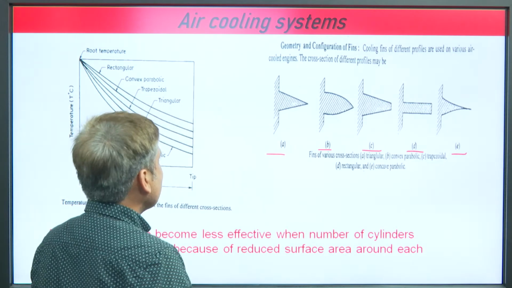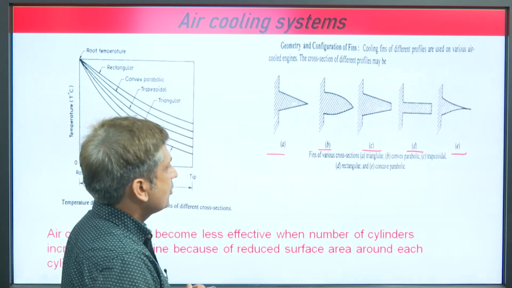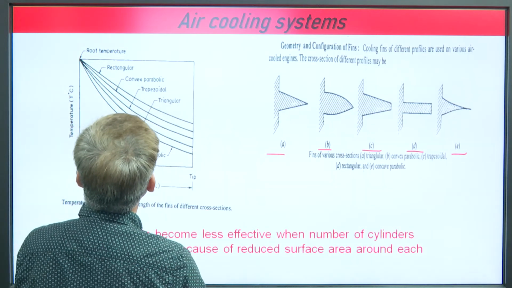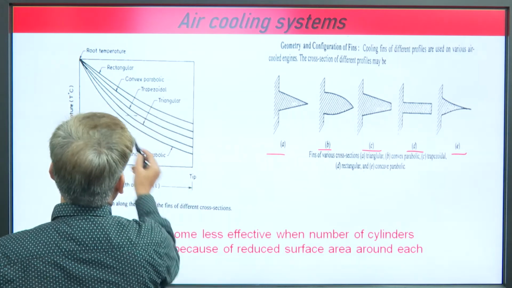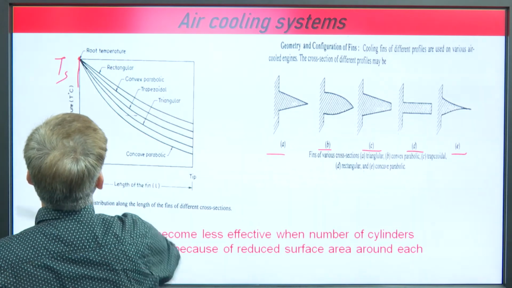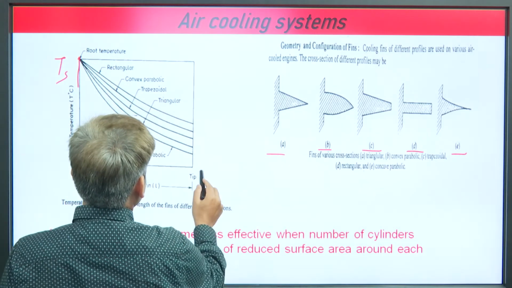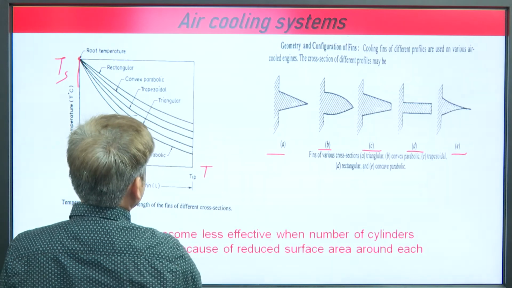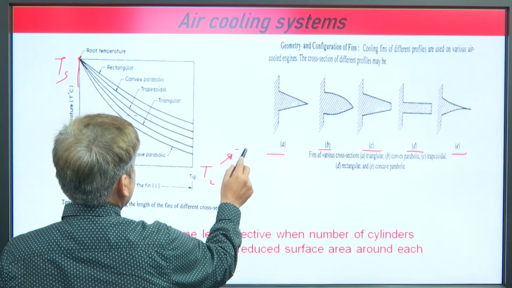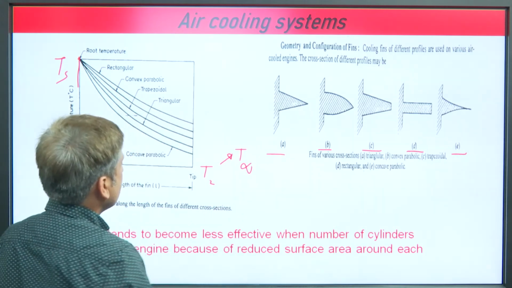Depending upon the size or structure of the fin, the heat transfer rate calculation differs. Let the surface or root temperature be Ts, and the tip temperature be T2, or you can take the tip temperature as the surrounding temperature.